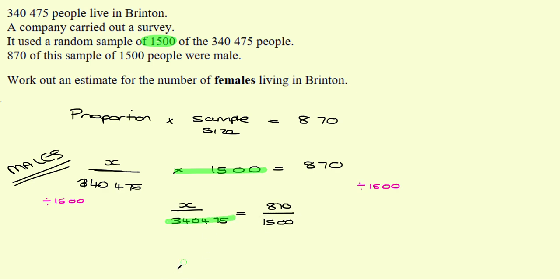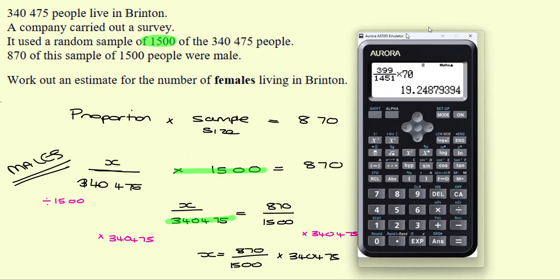We now need to remove this by multiplying both sides by 340,475, which will say x equals 870 over 1,500 multiplied by 340,475. Pop that into a calculator.